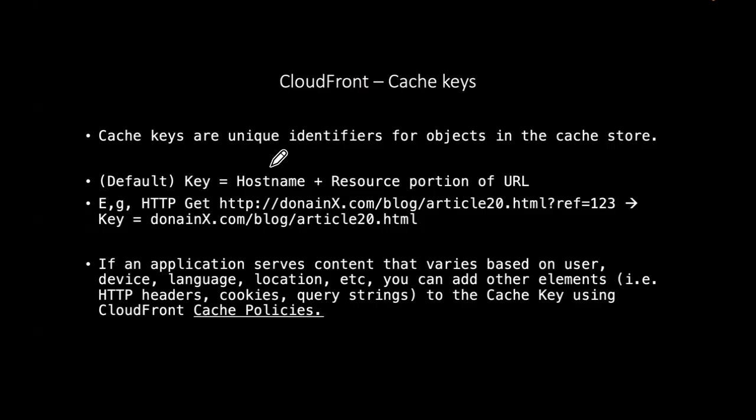This is something that you configure in your CloudFront distribution in your CDK's code. And if you don't configure it, then it follows a default pattern. Now, the default pattern in our case is it takes the combination of the host name and what I'm calling the resource part. So the host name would essentially be the URL of my particular CloudFront distribution.